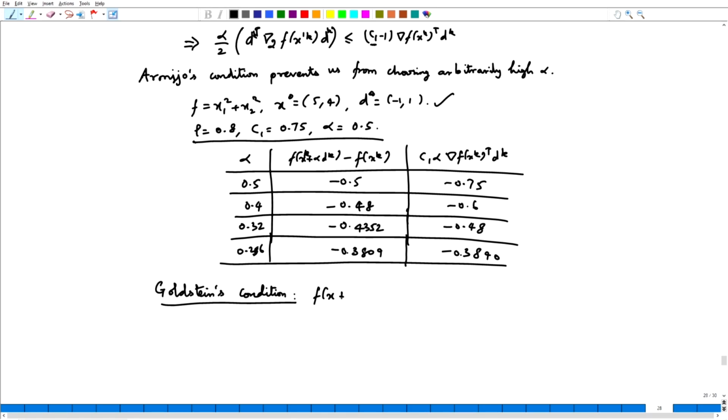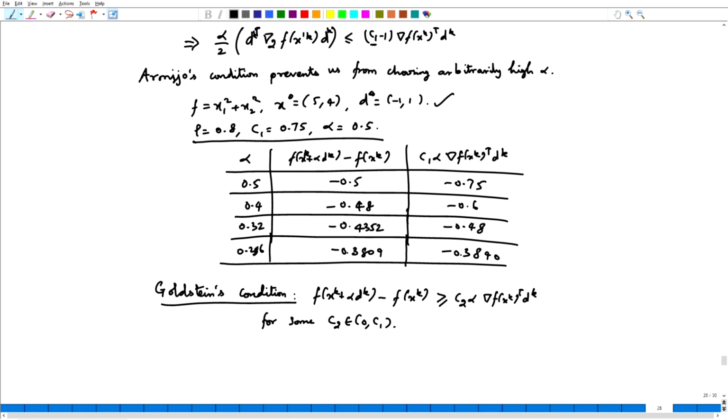It is f of x k plus alpha d k minus f of x k is greater than or equal to C 2 alpha del f of x k transpose d k for some C 2 in the open interval 0 comma C 1.